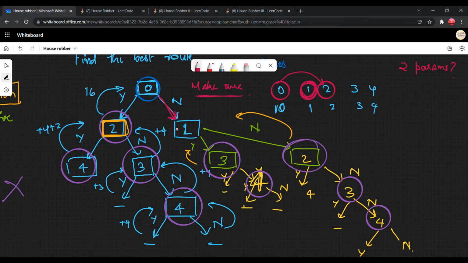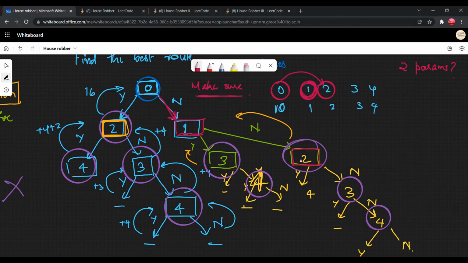Like if I come to 1 and say, hey, you have to be looted, you cannot say no to yourself, then first of all, the number of unique calls is increasing because I'm now passing each call with 2 parameters. And it's not even required because let's say I come to 1 and I say no to 1. So I go to 2.